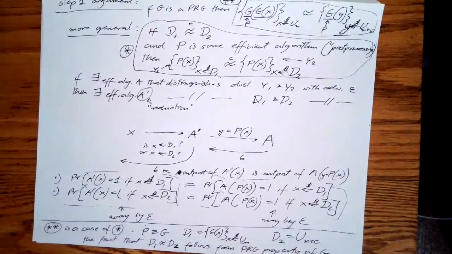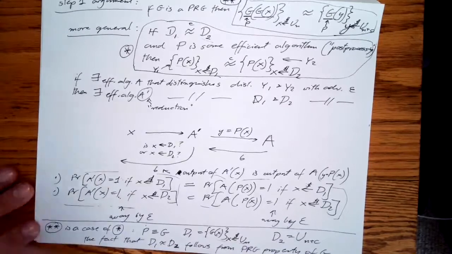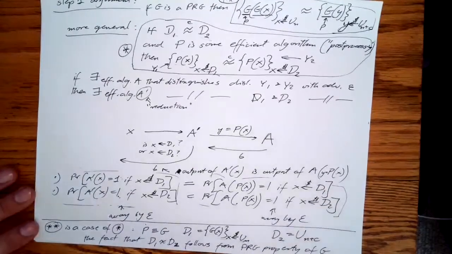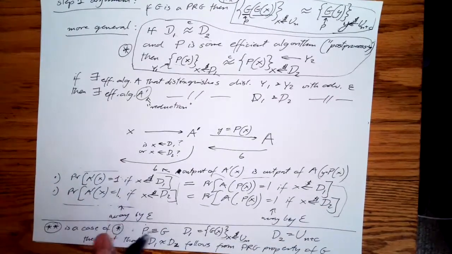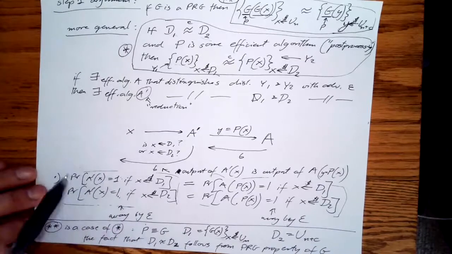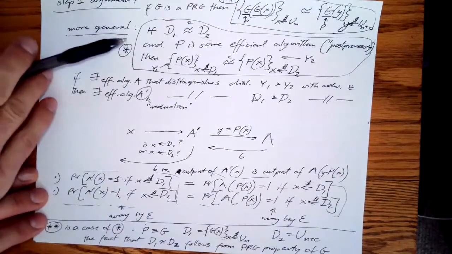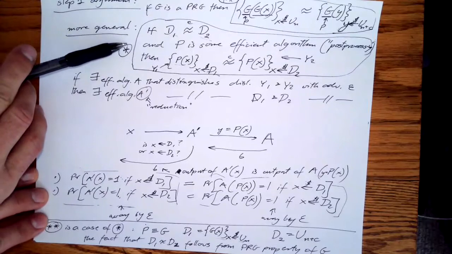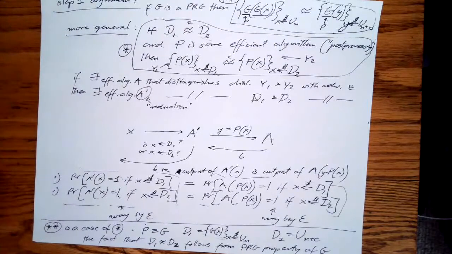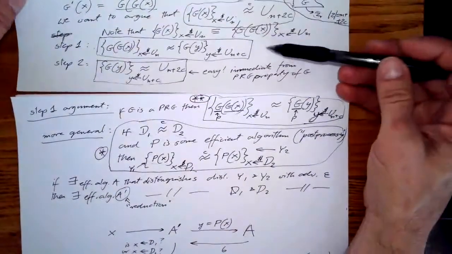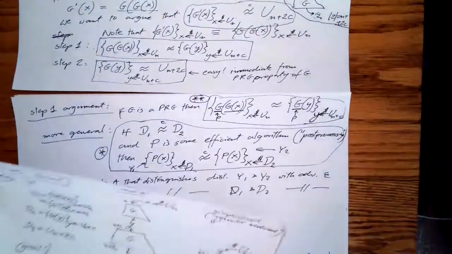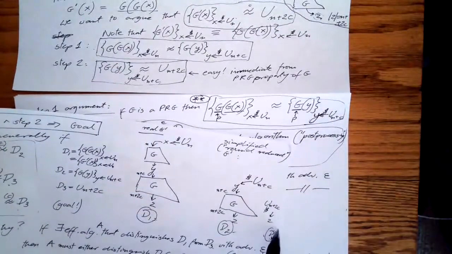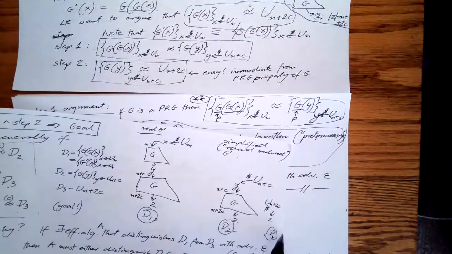Okay. This argument maybe took me a while, but if you wrap it back, what we needed to know is that these D1 and D3 are indistinguishable.